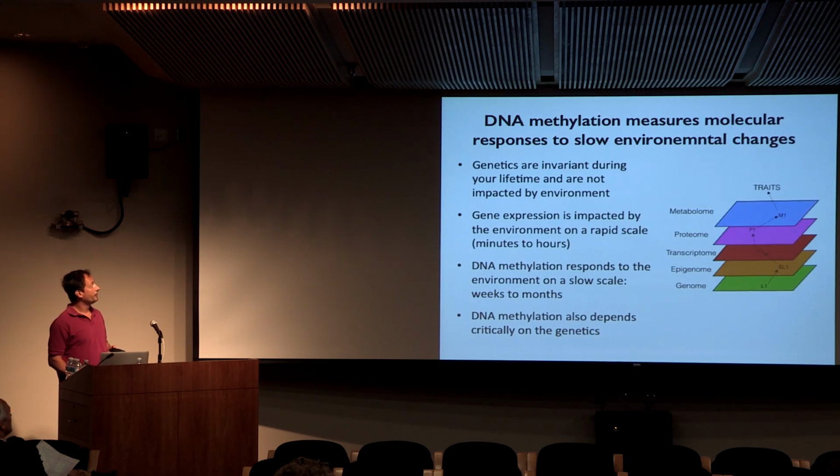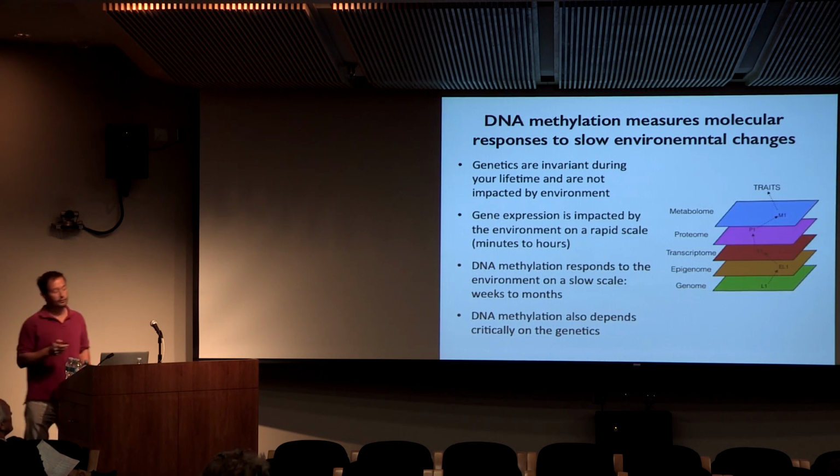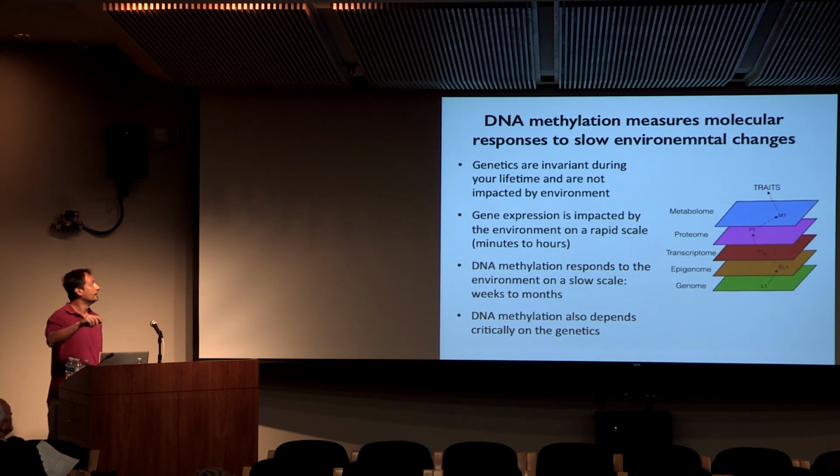So given all this, what kind of opportunities does DNA methylation profiling present? So we know that there's this sort of hierarchical structure of genomic data that we can collect to study our systems, and there's a great interest in studying the underlying genetics.